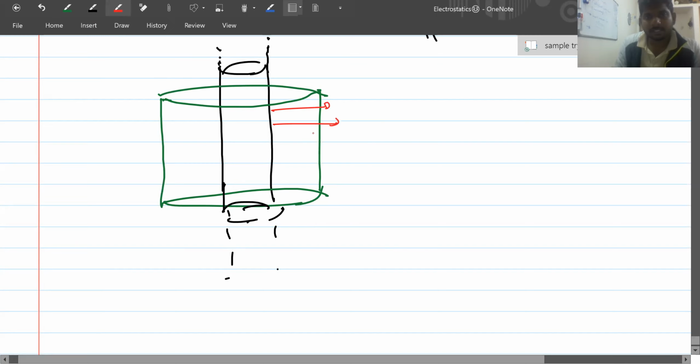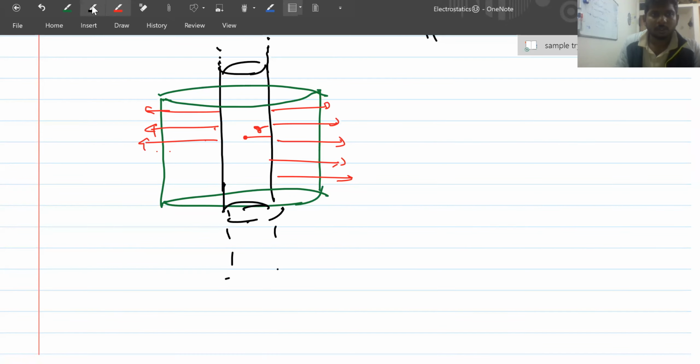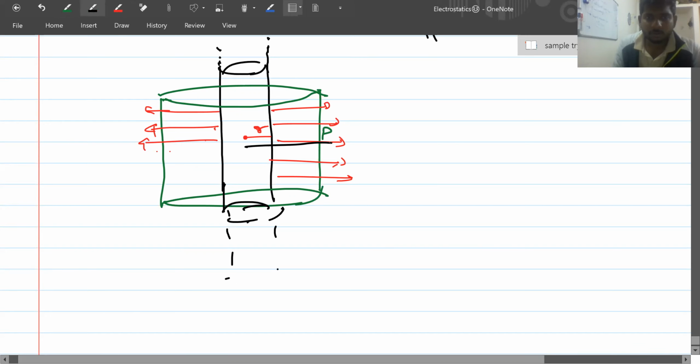Electric field will be like this. I drew a symmetrical surface around a long cylindrical wire. Near a point P, at a distance I'll take as radius small r, what will be the linear charge density?